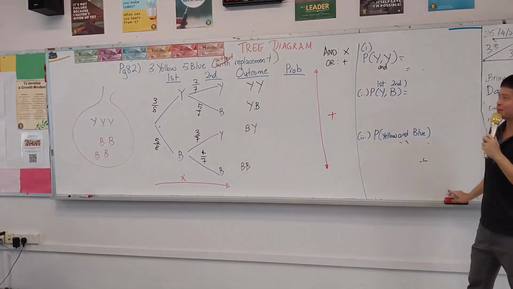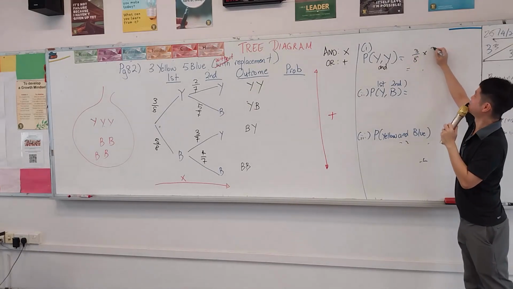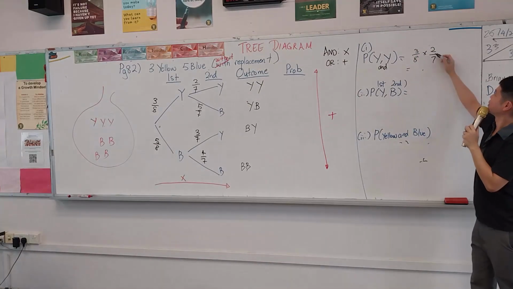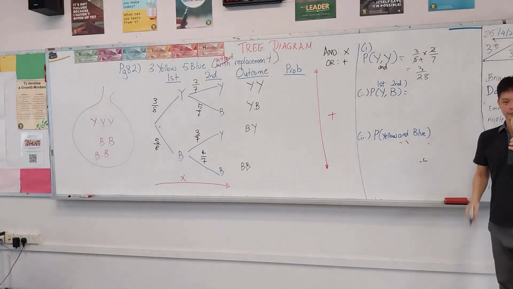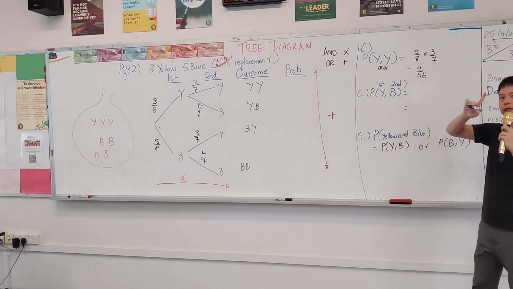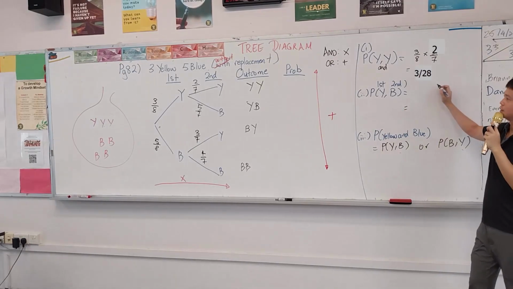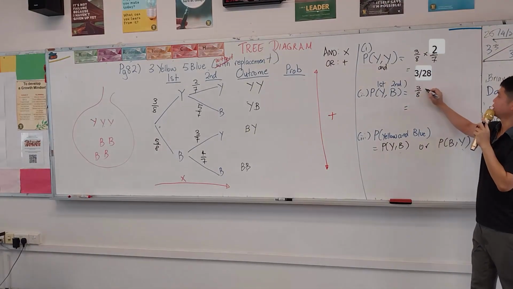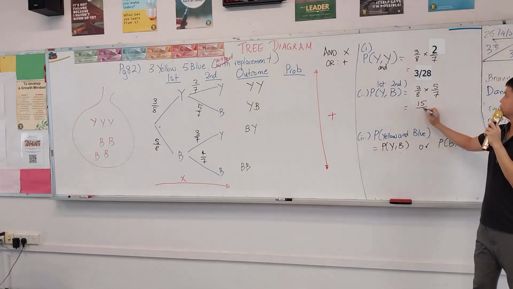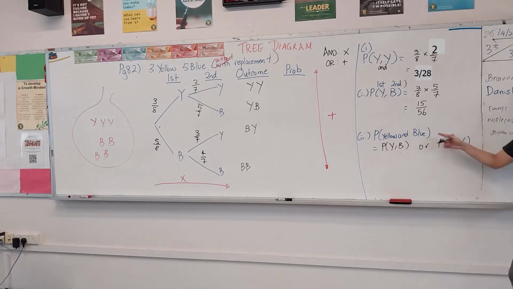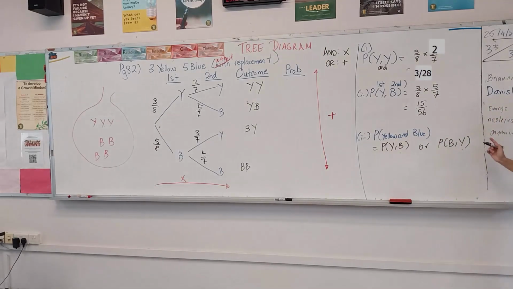Just check. Okay. So what's the probability of getting a yellow and a yellow? 3/8 times 2/7. Cancel. 3/28. Okay. What's the probability first one yellow, second one blue? 3/8 times 5/7 is 15/56. Okay, now yellow-blue is the most tricky one. It can be yellow-blue or blue-yellow.